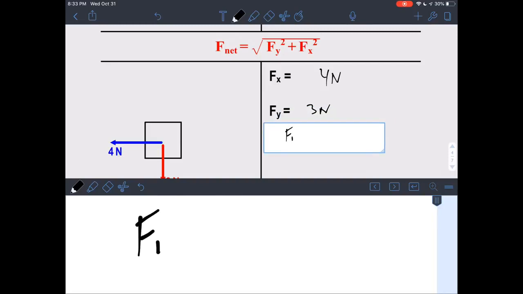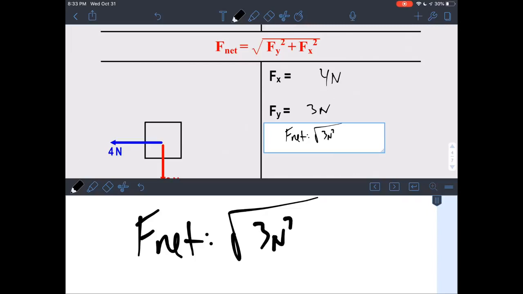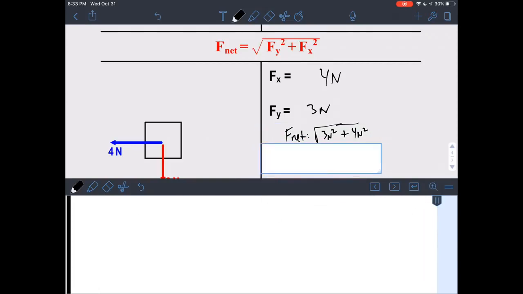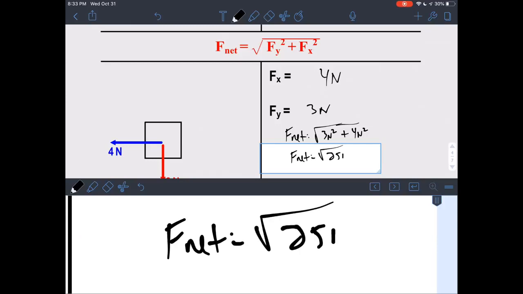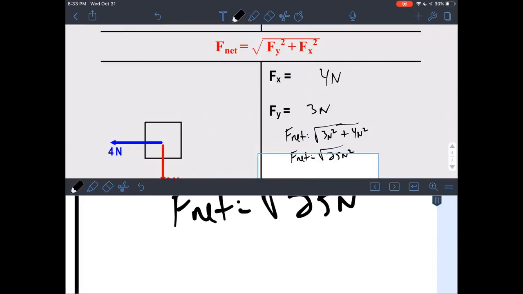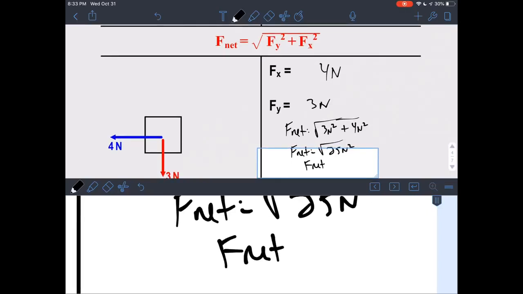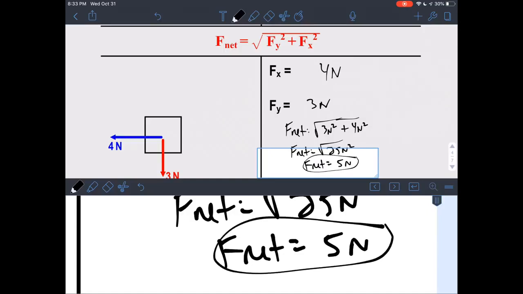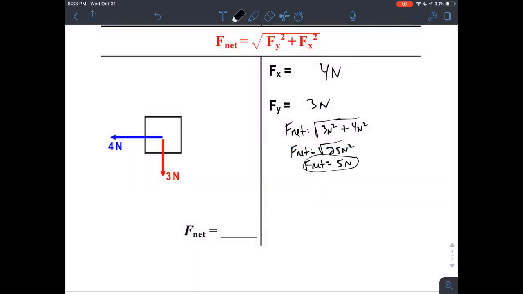So our F net is going to be the root of 3 newtons squared plus 4 newtons squared, which is F net equal to the square root of 25 newtons squared, which is 5 newtons total for our F net. And again, the F net will be pointing in that direction. It is the result of doing, right, 4 newtons to the left and 3 newtons down.